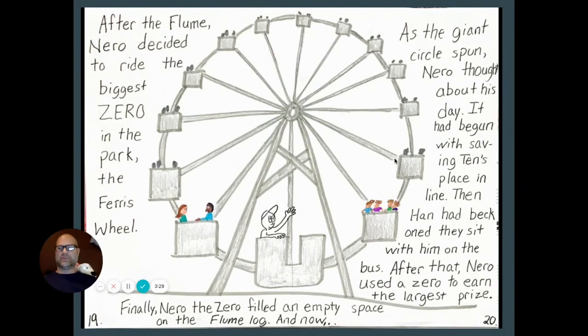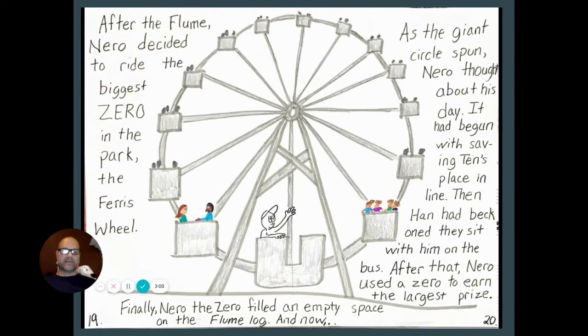After the flume, Nero decided to ride the biggest 0 in the park, the Ferris wheel. As the giant circle spun, Nero thought about his day. It had begun with saving 10's place in line. Then Han had beckoned they sit with him on the bus.